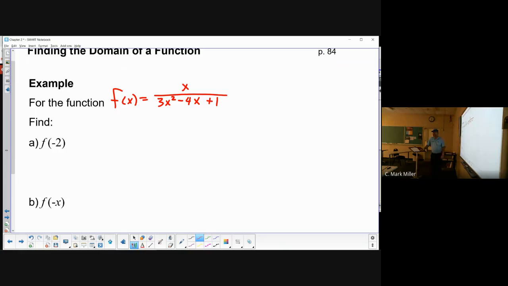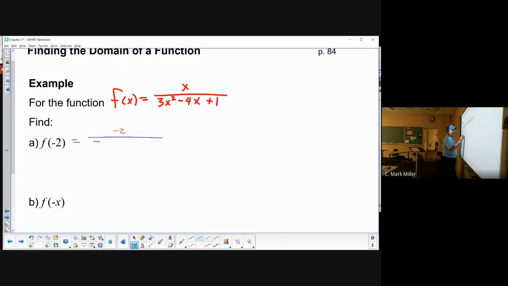So f of minus 2, so that is what I deleted, I apologize, means you stick minus 2 in everywhere for x. Everywhere there's an x here, you're going to put a minus 2. So we have a minus 2 up in the top for x.